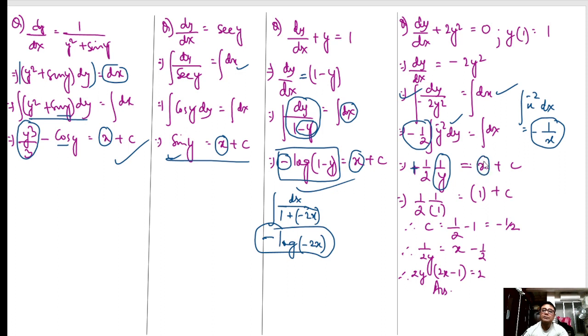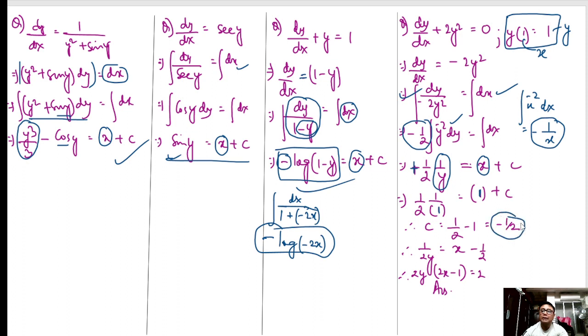This is x. Now watch here. When x is 1, y is 1. So let us put y as 1, x as 1. So c is coming out to be minus half.